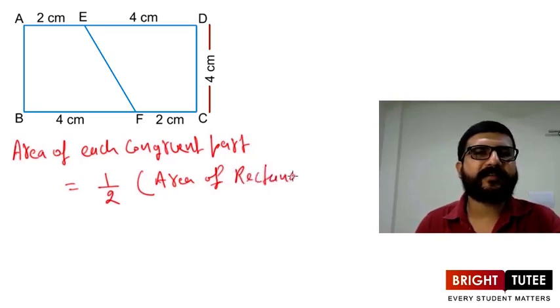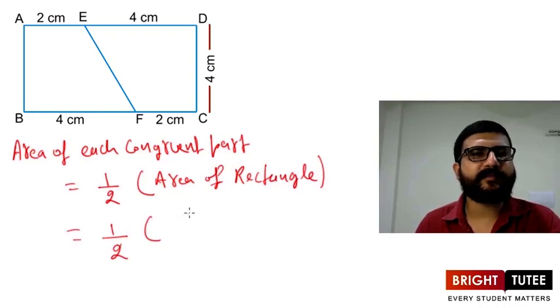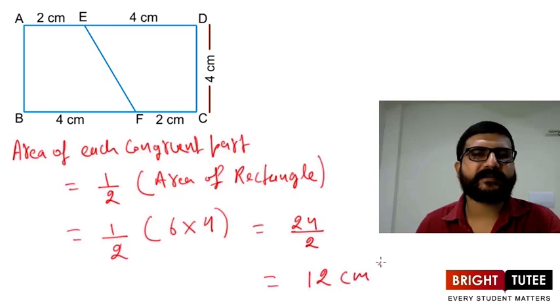And now can we find area of rectangle? Yes, we know how to find area of rectangle, that is L into B. So this will be half into L into B, means 6 into 4. 6 into 4 is 24. So this is 24 upon 2, which will be equal to 12 square centimeters.